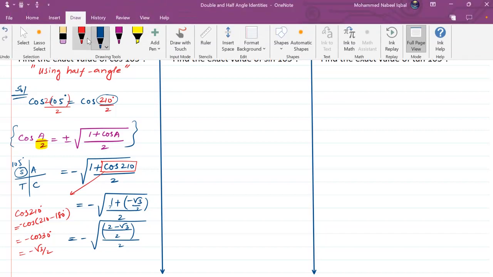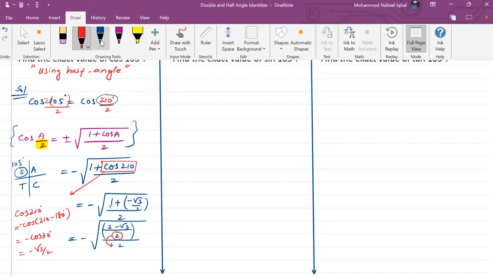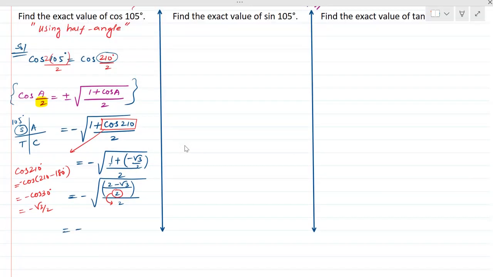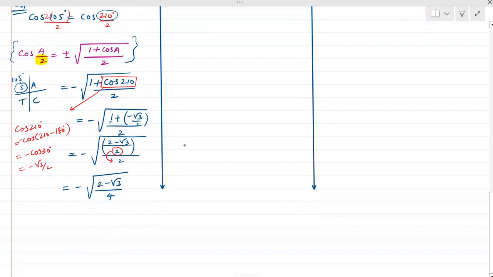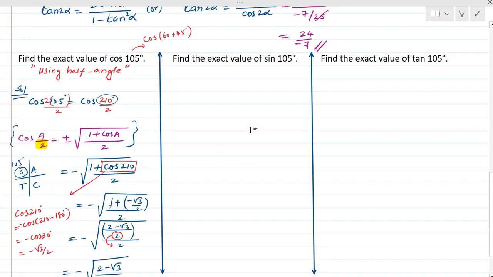This 2 comes down and multiplies with this 2, so here we will have minus square root of 2 minus root 3 over 4. If you separate the root, you will get minus square root of 2 minus root 3 over square root of 4. So this is the cosine of 105.